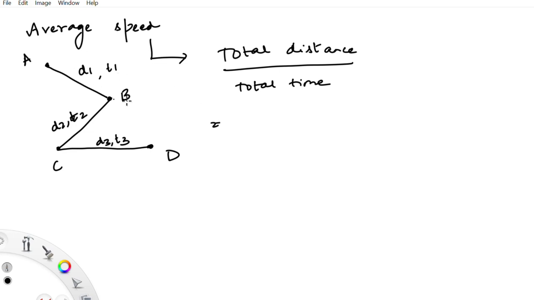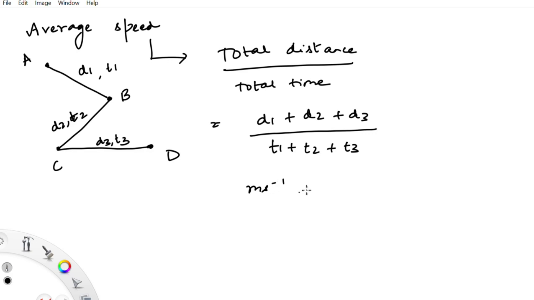So if I find out the total distance over here, it's basically d1 plus d2 plus d3, and the total time is t1 plus t2 plus t3, and again it has the same units, meter per second or kilometer per hour.